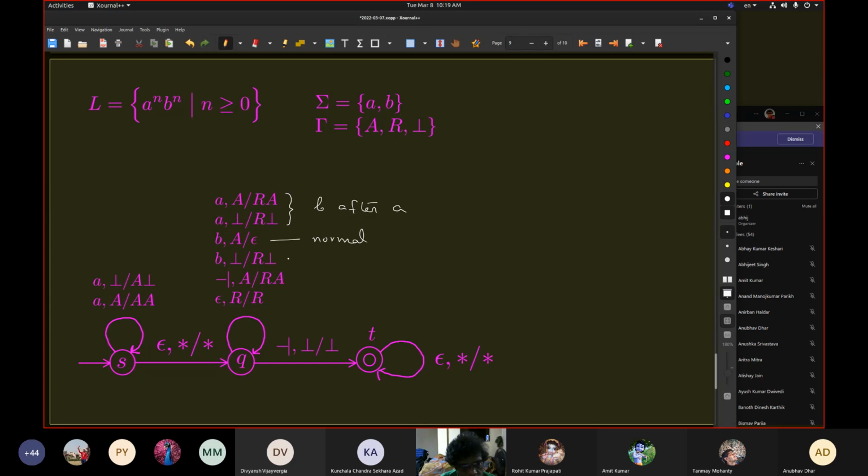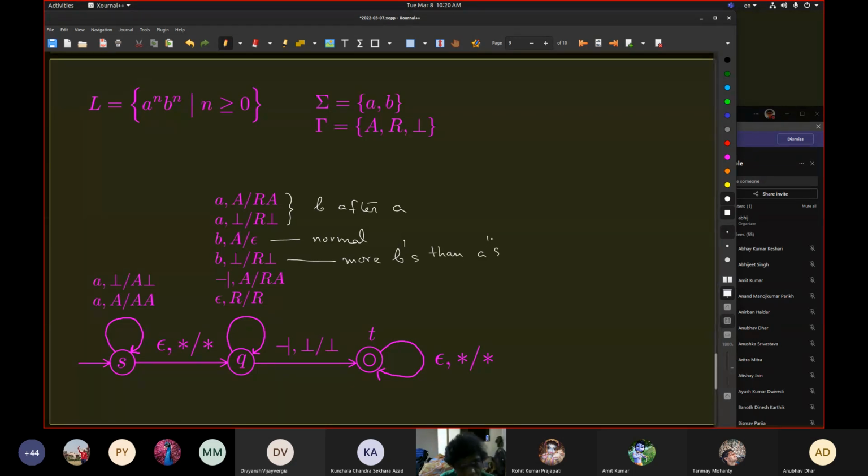And this is a situation where the bottom marker is exposed and still another B has come. So there are more Bs. As of now, it's of the form A star B star, but the count of Bs is more than the count of A's recorded here. Okay. So this essentially means more Bs than A's.